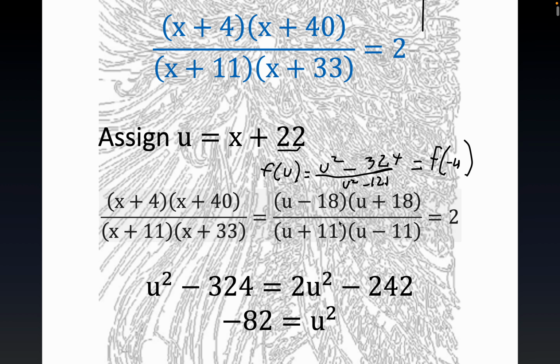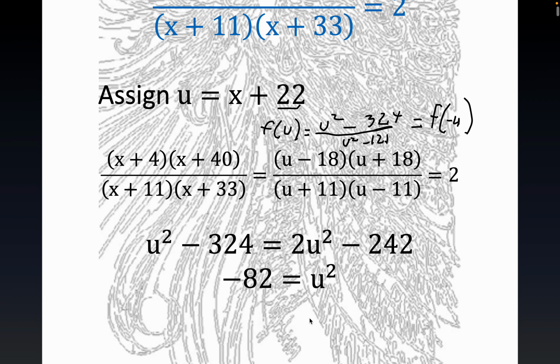So I've just expanded everything out here, and in the same breath I multiplied by 2. 2 times minus 121 is minus 242. And if you collect all the terms, take the square root right here, you get u equals plus or minus the square root of 82i. So that's a purely imaginary number.